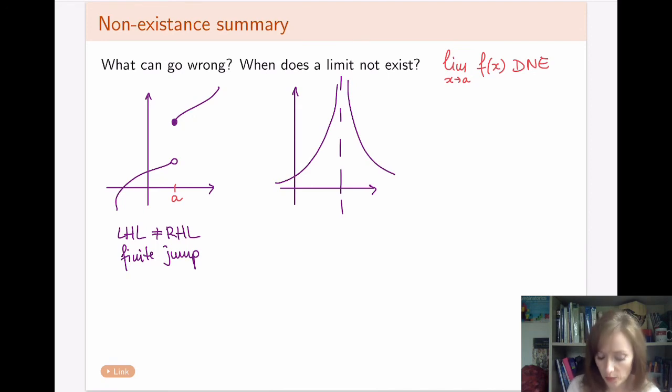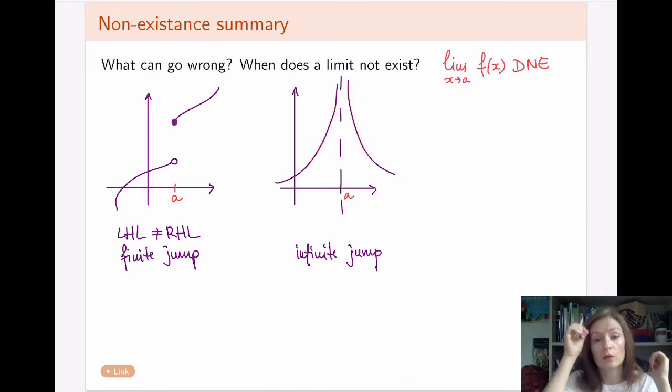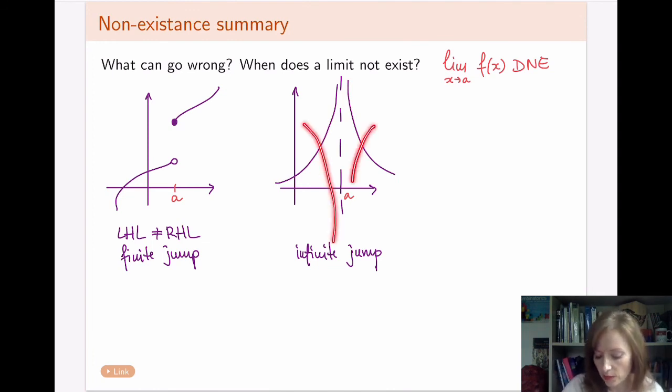But for now, we can say that this is an infinite jump, and therefore the limit here also does not exist, right? Because as you approach this value, let's say this is my A now, closer and closer and closer, the function just keeps running toward infinity away from you and will never be any particular y value. Same as if the asymptotes were pointing toward the negative side, okay?